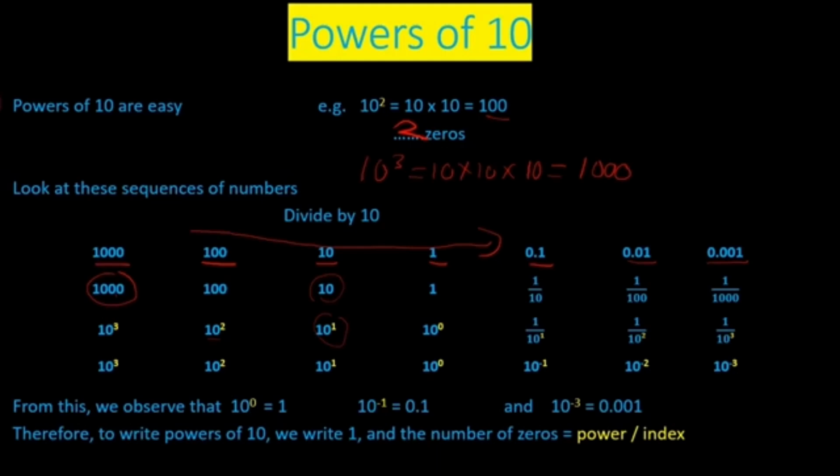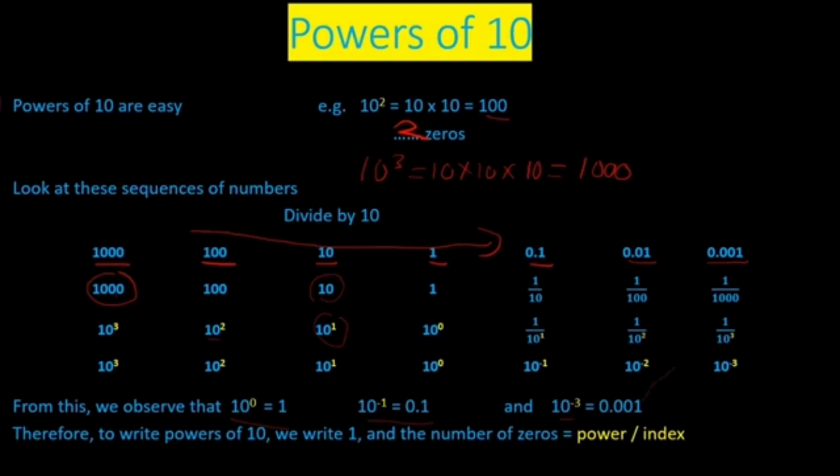What do you suppose this next power will be? Obviously, if we are continuing to just divide by 10, then the next powers will be minus 1, minus 2, minus 3, and so forth. So you can observe here that 10 to the power 0 is equal to 1, 10 to the power minus 1 is equal to 0.1, and 10 to the power minus 3 is equal to 0.001.